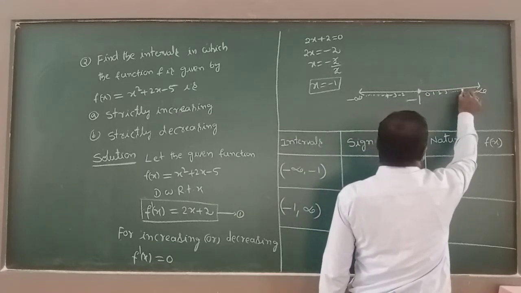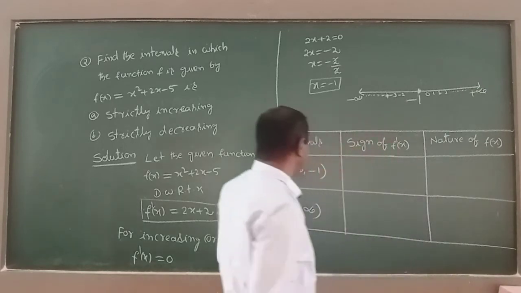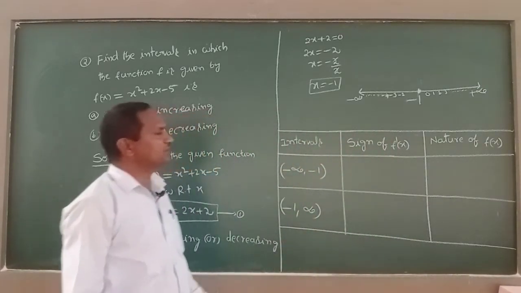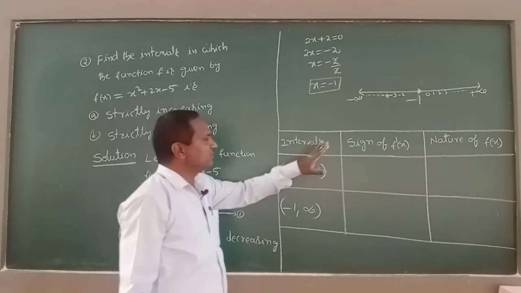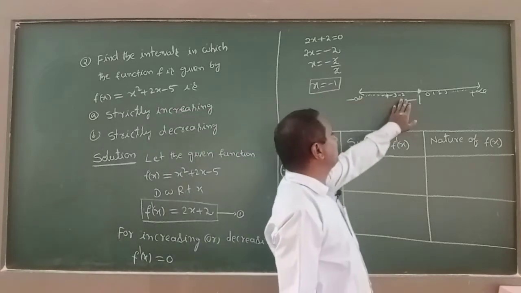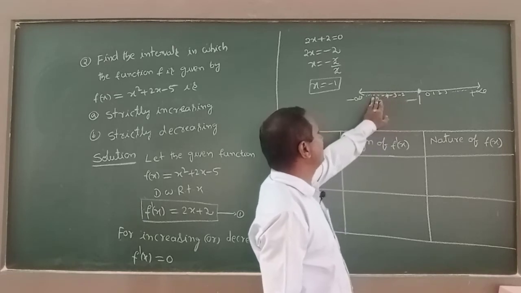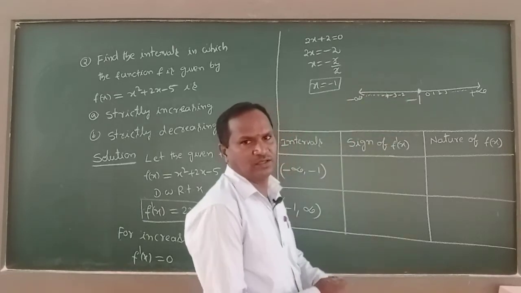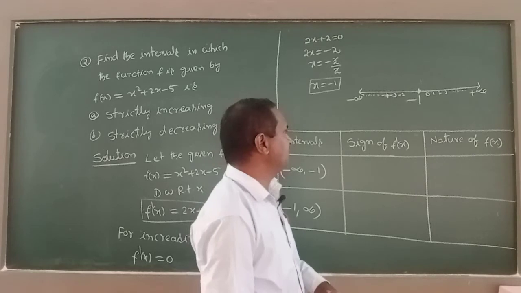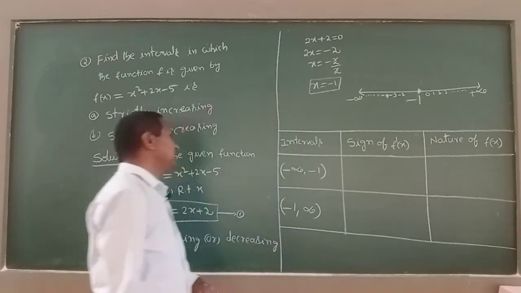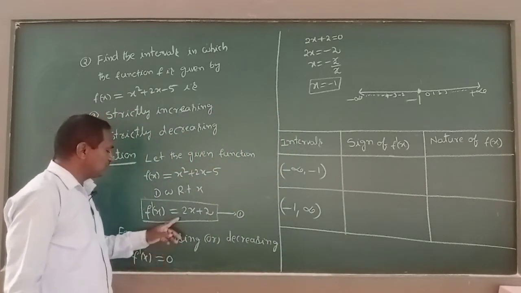Now for the first interval minus infinity comma minus 1, just select any one number, minus 2 or minus 3 or minus 4 or minus 5. By my wish, I am selecting minus 2 here.